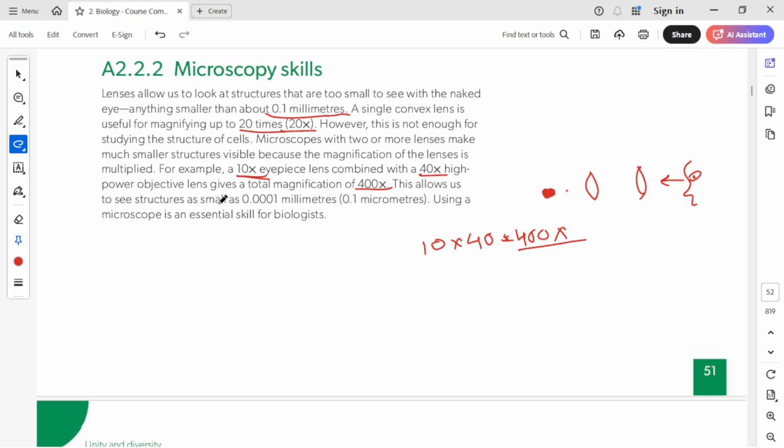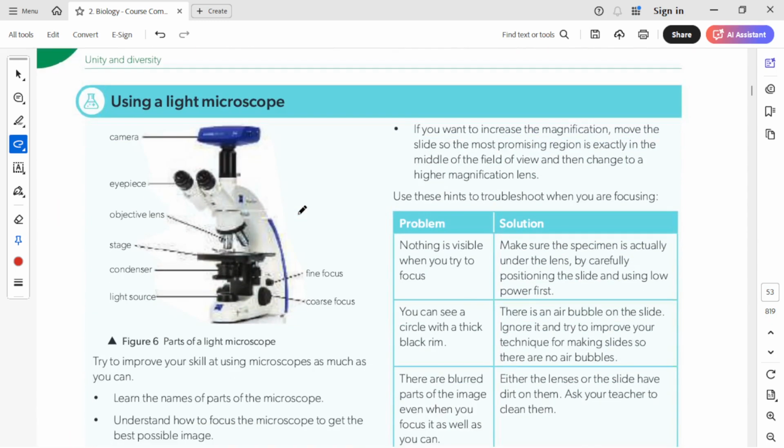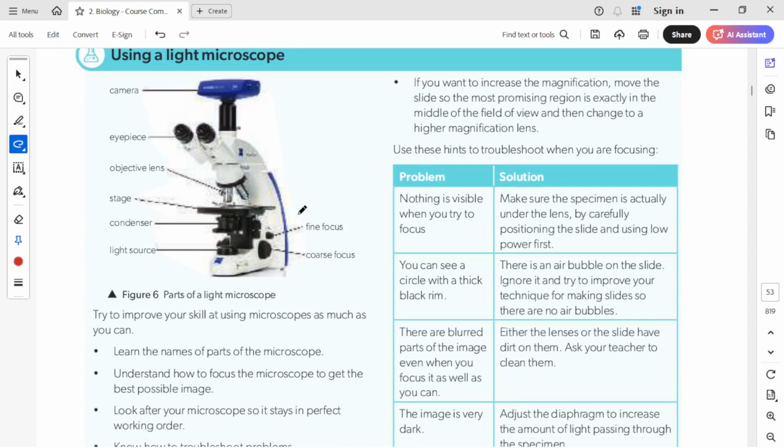This will allow us to see objects as small as 0.0001 millimeters, so 0.1 micrometer size we can see using a light microscope. Using a microscope is an essential skill for biologists, because without that we cannot even see any cell.